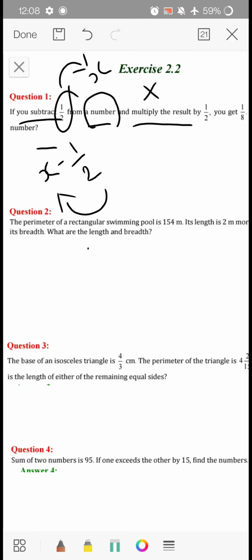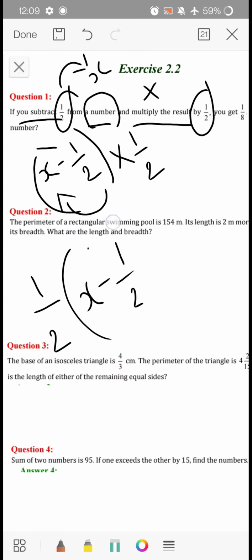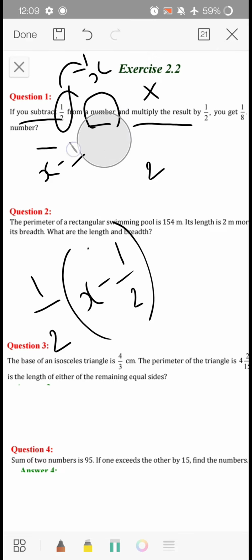You are multiplying the result, result means this one, इसको आप multiply कर रहे हो by 1/2. So you can write it in this way, 1/2 and in bracket x minus 1/2. Okay, so by reading the question up to here I came to know this.